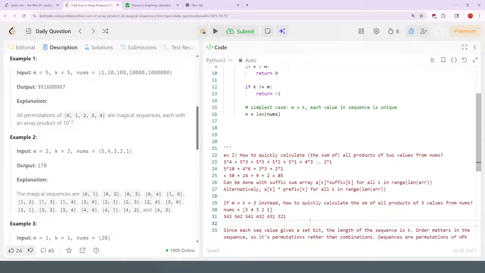So it's like 5 times the sum of all combinations starting at the next index. That's too long. I think I've seen this before.